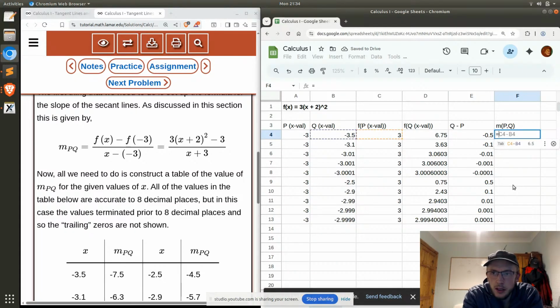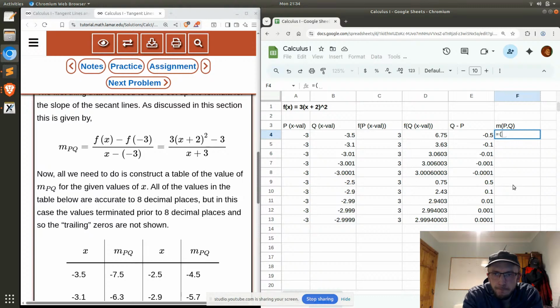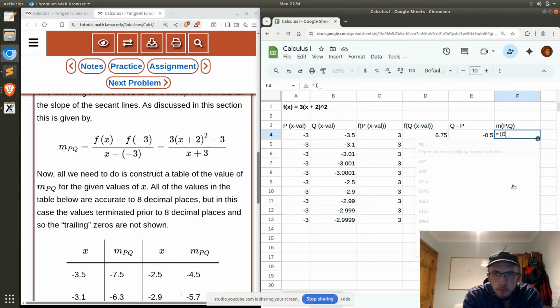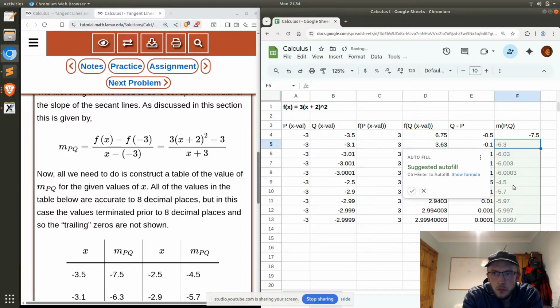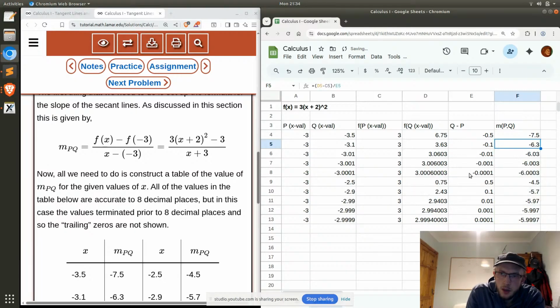Now, this should be D4 take C4. That's a change in the Y value. There, that's better. All right.